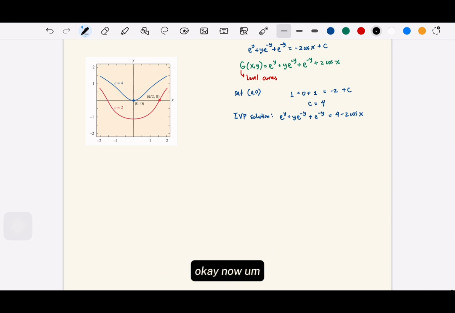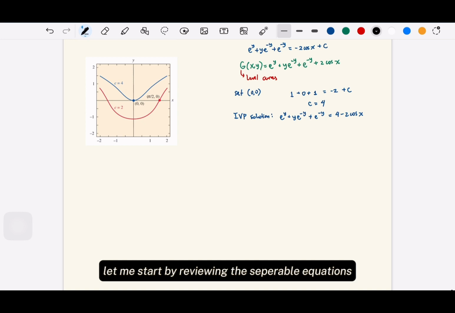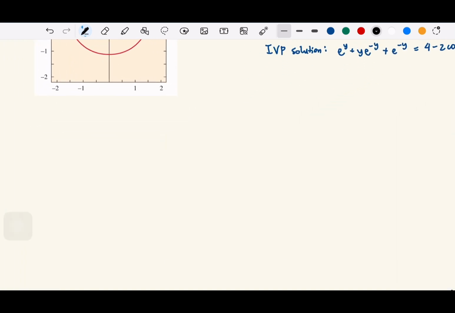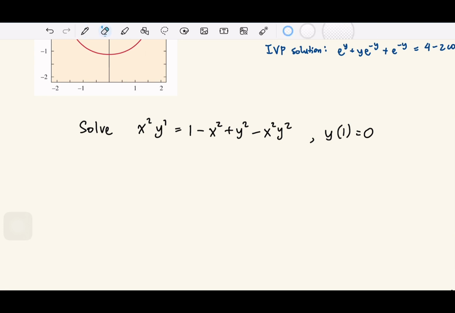Now let me start by reviewing the separable equations. So let's solve. Y prime.